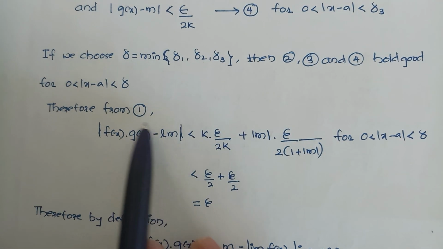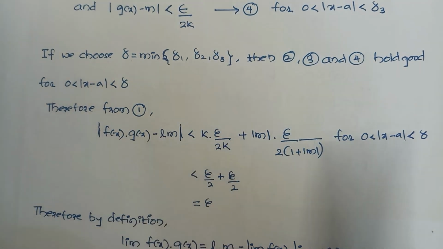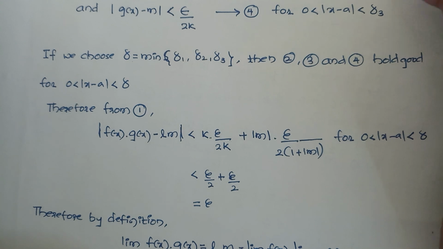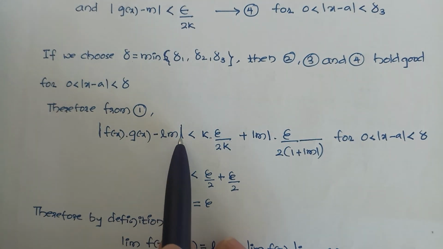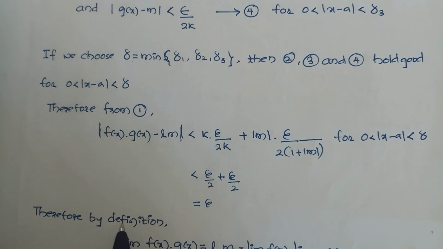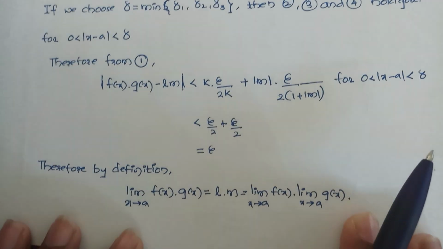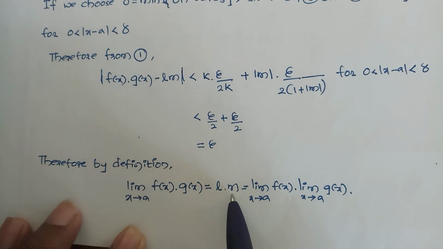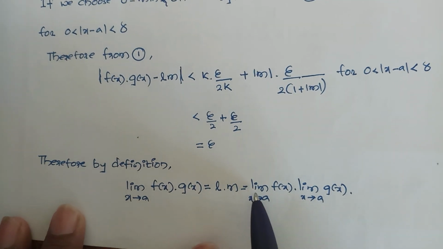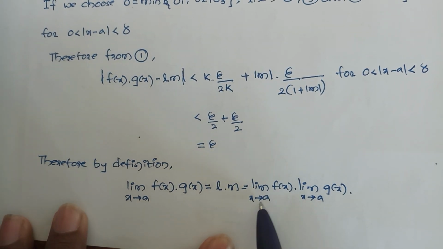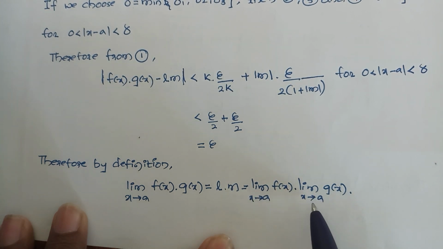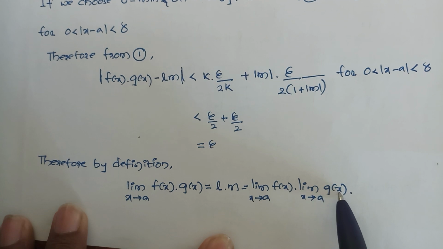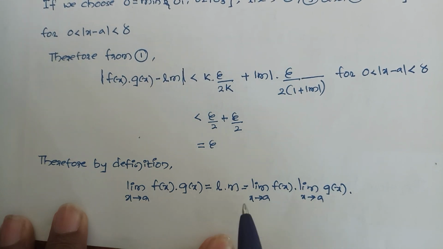So here modulus of f of x into g of x minus L into m is less than epsilon. So using the definition we can write this as limit x tends to a, f of x into g of x is equal to L into m. So this is equal to limit x tends to a, f of x, where L is limit x tends to a, f of x, and m is limit x tends to a, g of x. So with this the proof of the above theorem is complete.